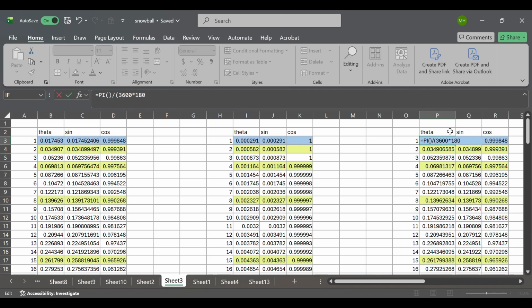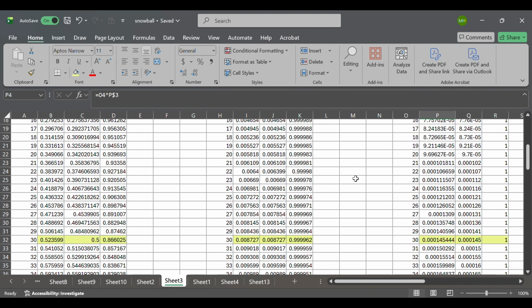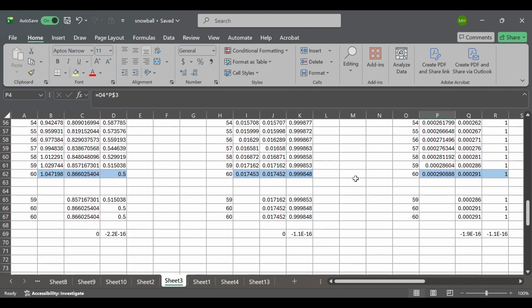How much error we get. Go through this calculation quickly. Okay, here's the errors. Either 2, 1, or 2 times machine epsilon. That's pretty much perfect. So time to close the spreadsheet. Thank you.